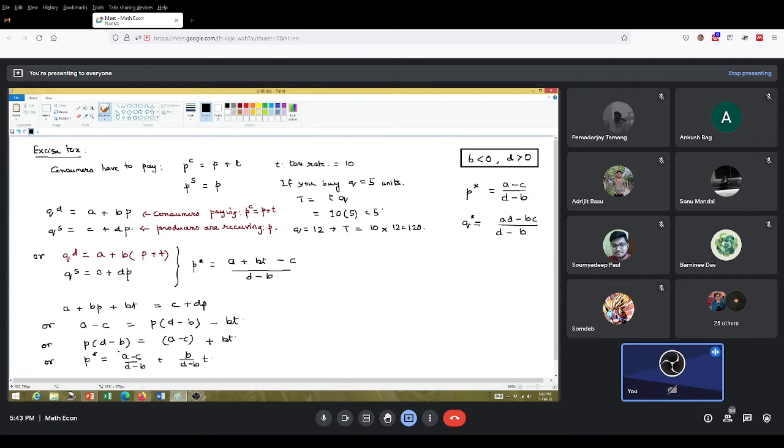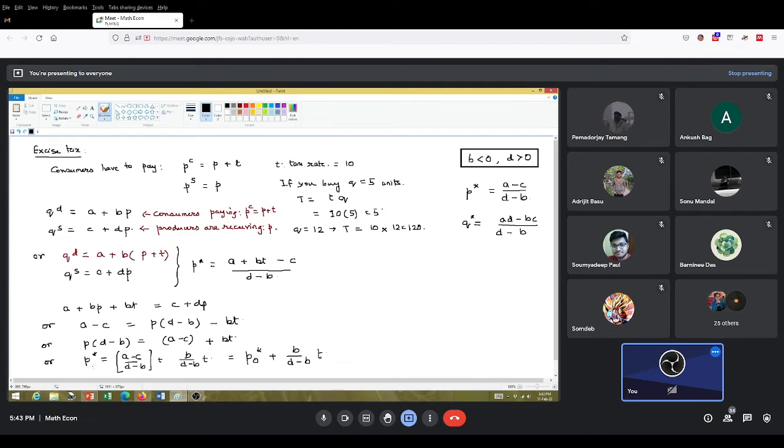let us keep this in this form, and the reason is that you have A minus C by D minus B, so this is the original price. You can see that this is the original price, plus you have a tax term.